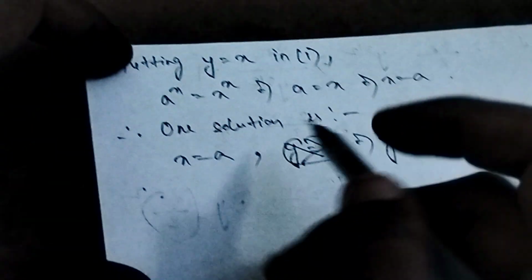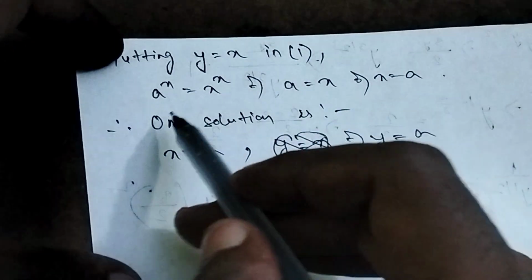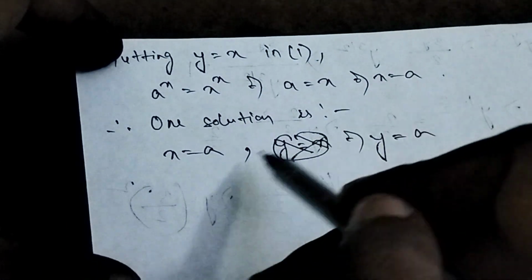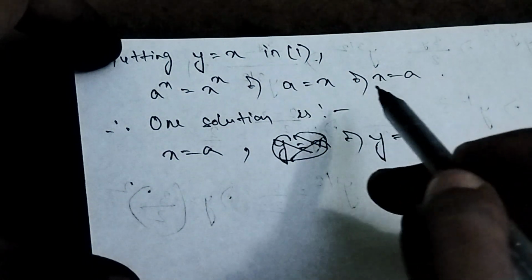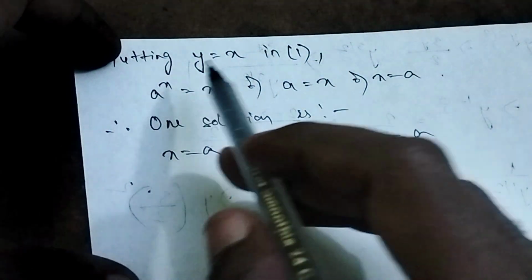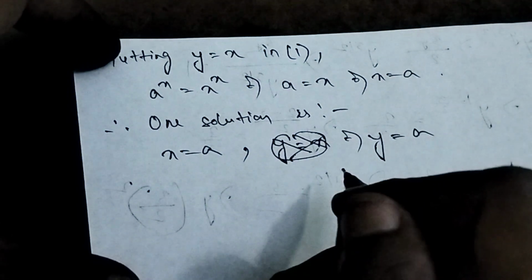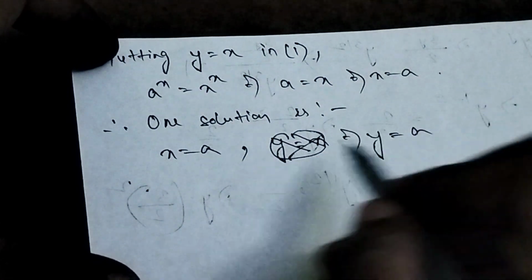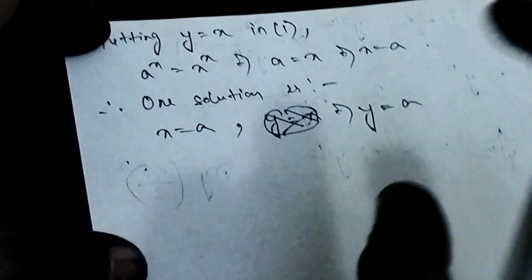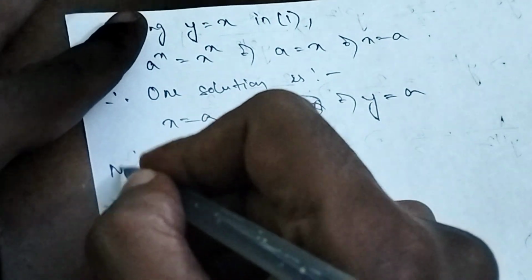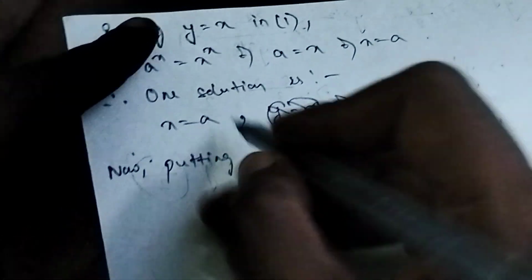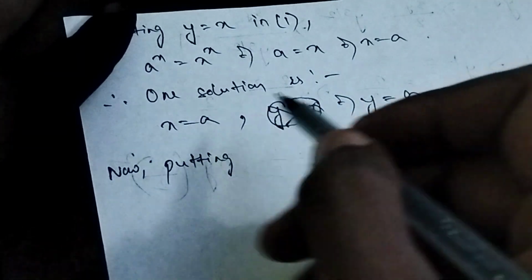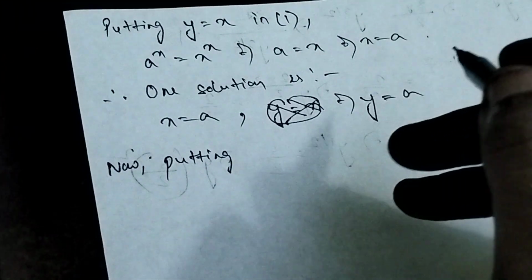Putting y is equal to x in 1 we get x is equal to a, and since y is equal to x, the value of x is a and y is equal to a. So one solution we got. So this is the answer: value of x is a, value of y is also a.